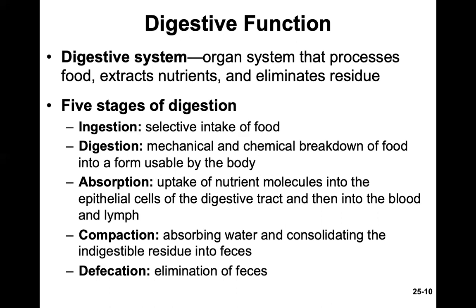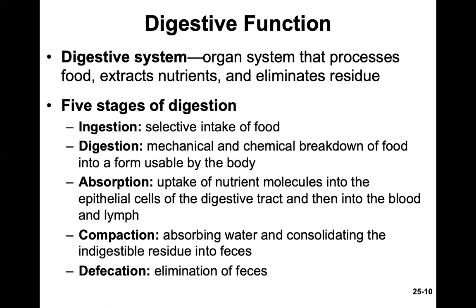So ingestion, digestion, absorption, then you have compaction. Anything that's becoming compact is more concentrated and gets put together into more of a solid piece. This is how your feces is created. It starts to remove the water. Your body reabsorbs the water from your food, and that makes everything even more compact into feces.